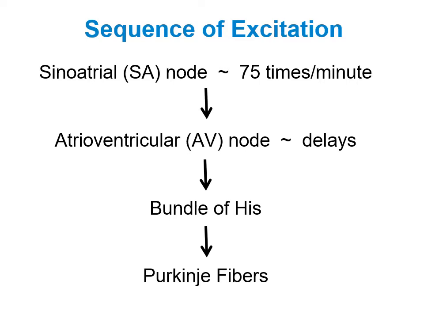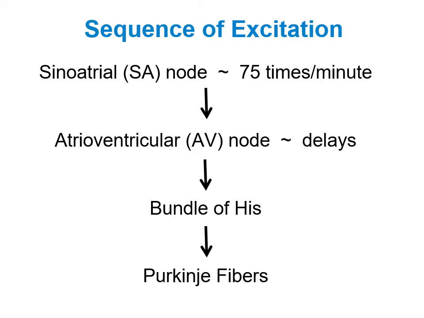The delay is needed to give the atria time to fully depolarize before controlling ventricles. The next structure, the bundle of His, is found in the septum between the ventricles and is a branching point. Then the action potentials move through the equivalent of motor neurons, through the ventricular myocardium, through the Purkinje fibers.